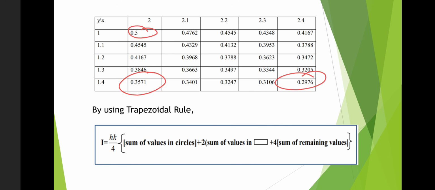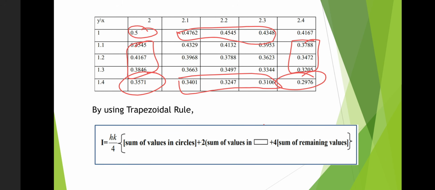Next, the boundary values are all the points on the edges of the grid excluding the corners. Their sum is multiplied by 2 according to the trapezoidal rule.